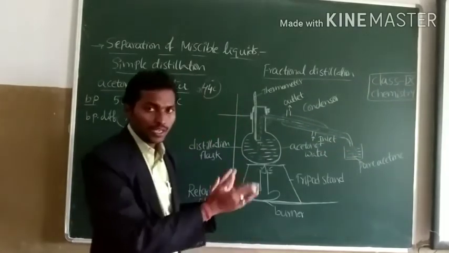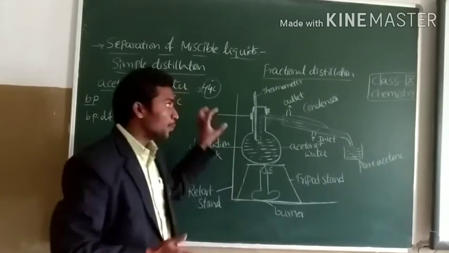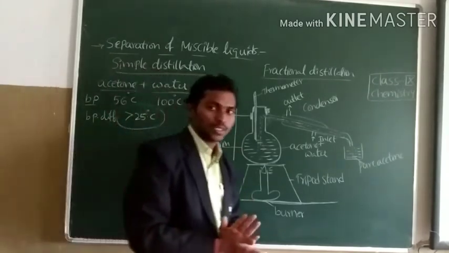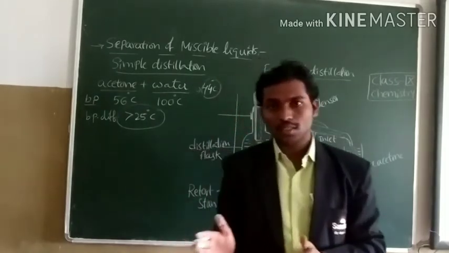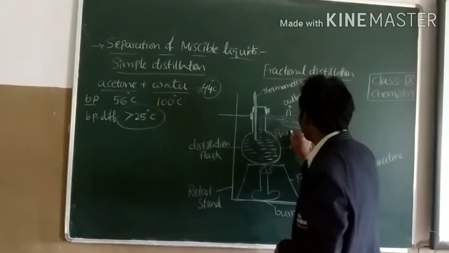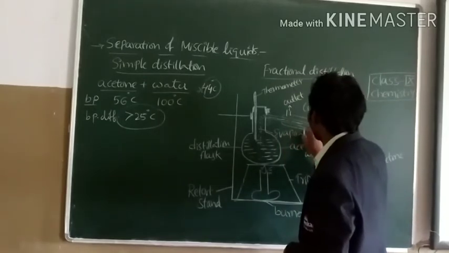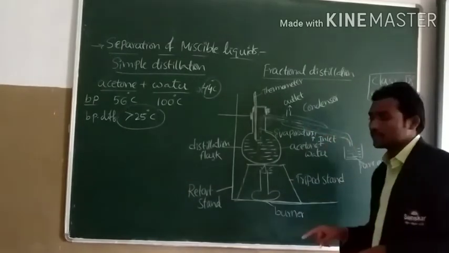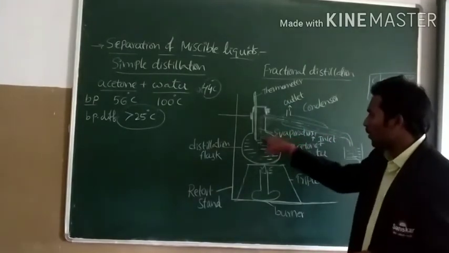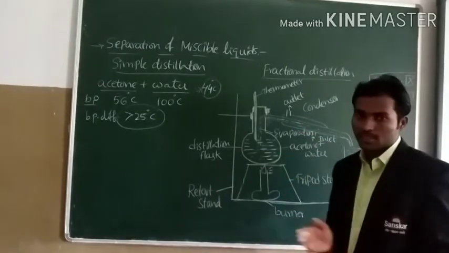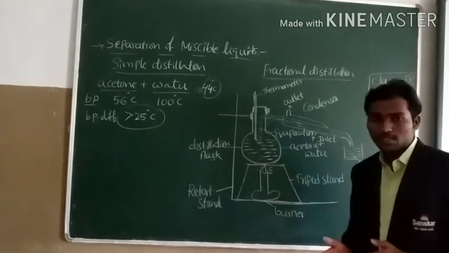So this is the way we can separate miscible liquids by the simple distillation technique. The distillation technique involves evaporation. This is called the evaporation chamber. Evaporation followed by condensation takes place in the distillation technique. So this is called the simple distillation technique.